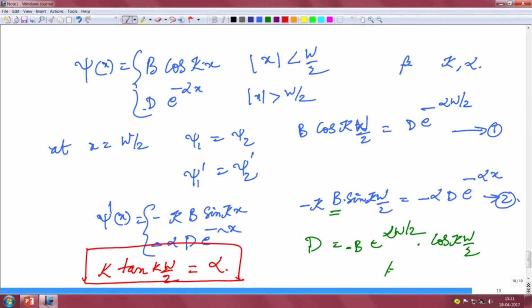This can be called the characteristic equation to obtain the value of the propagation constant beta.